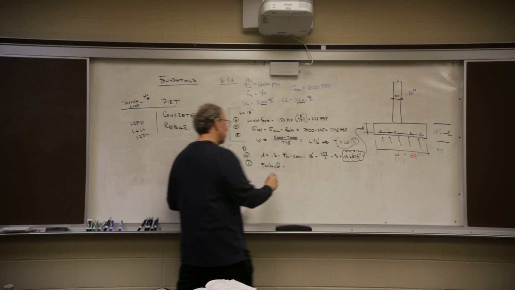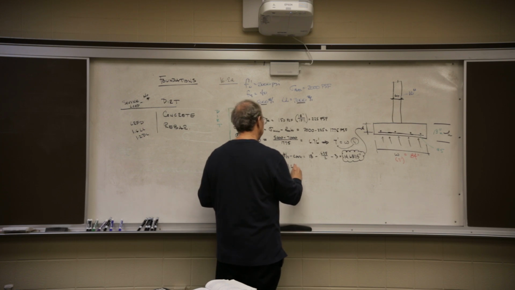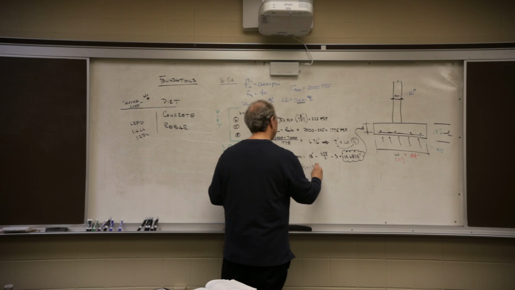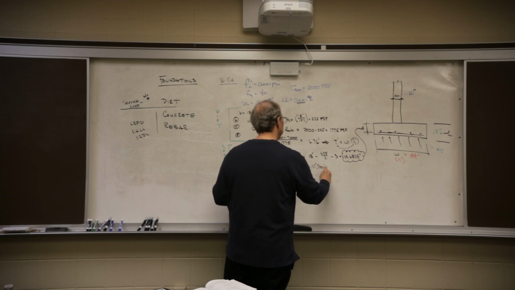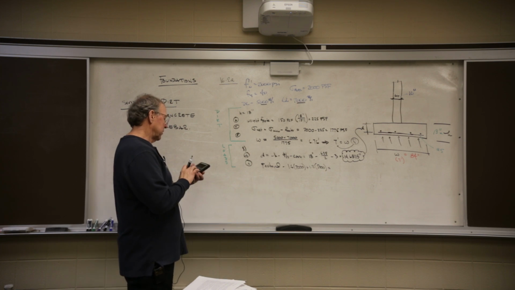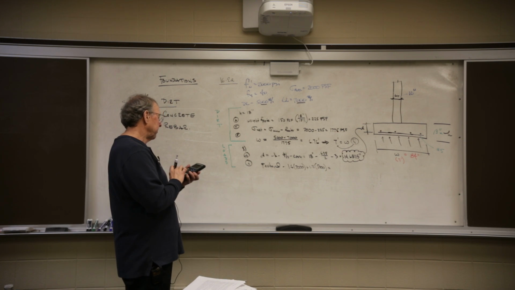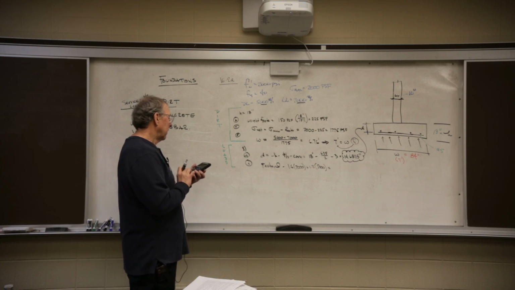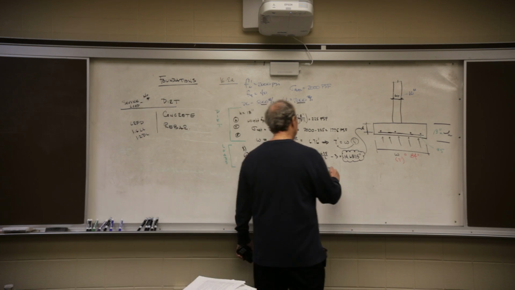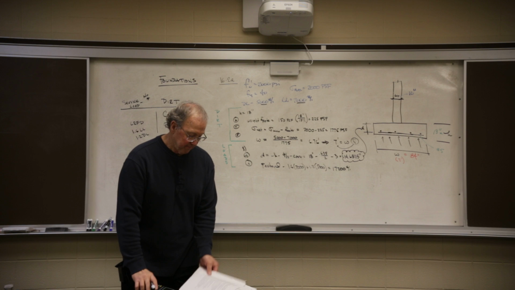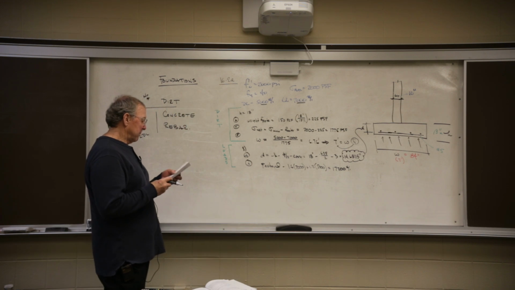So it's 1.6 times 7,000 plus 1.2 times 5,000. And let me do this quick and see what we get. 1.6 times 7 plus 1.2 times 5. 17,200 pounds per foot. Okay. Oh, that got me through that one.